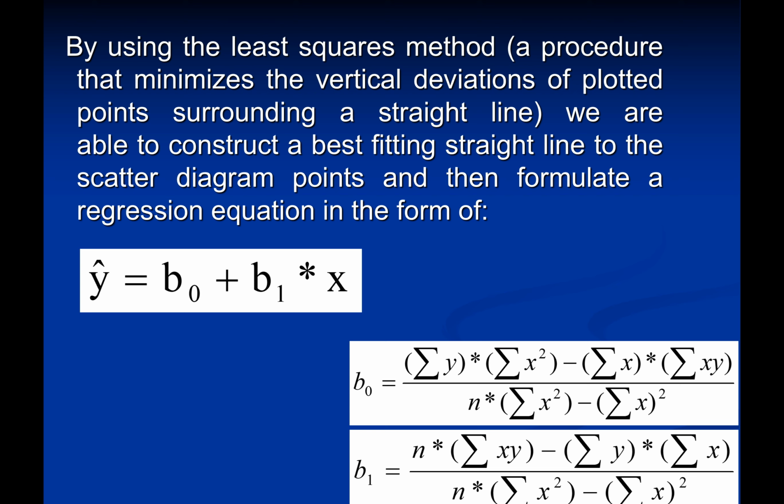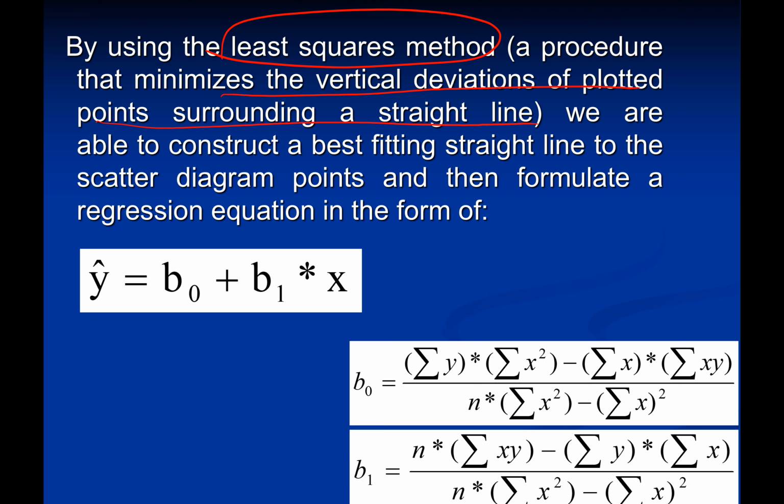So we're using this method called the least square method. This procedure minimizes vertical deviations of the plotted points surrounding a straight line. We're able to construct a best fitting straight line to the scatter diagram points and formulate a regression equation here.